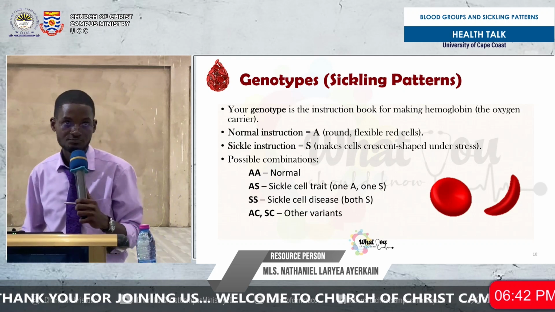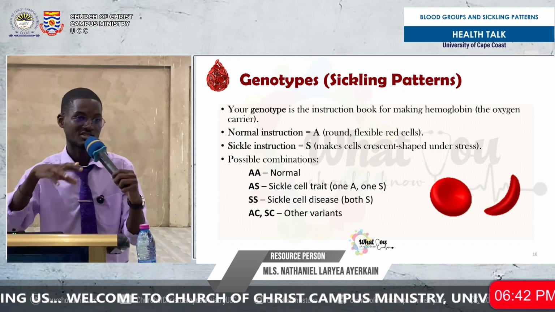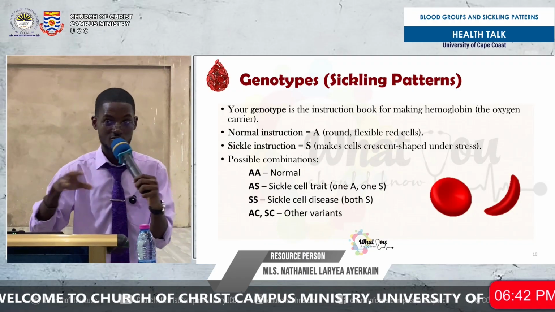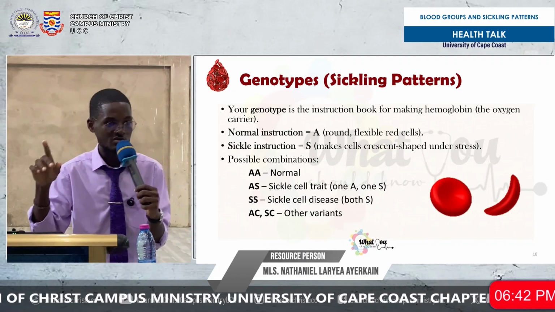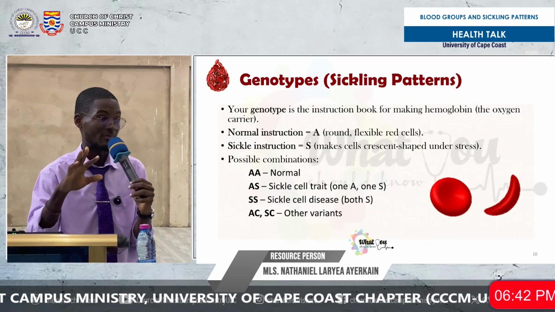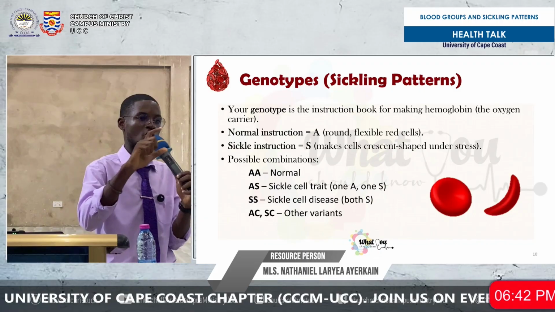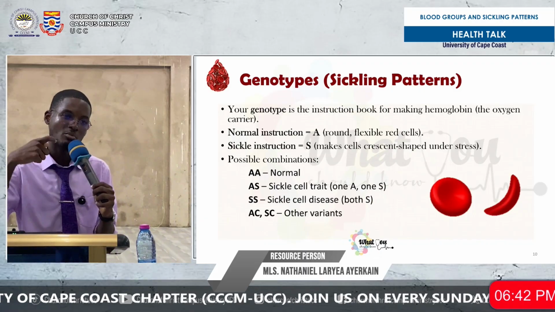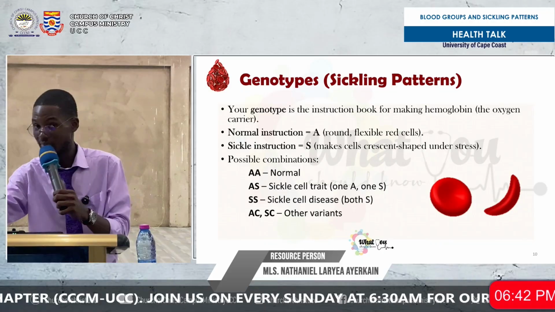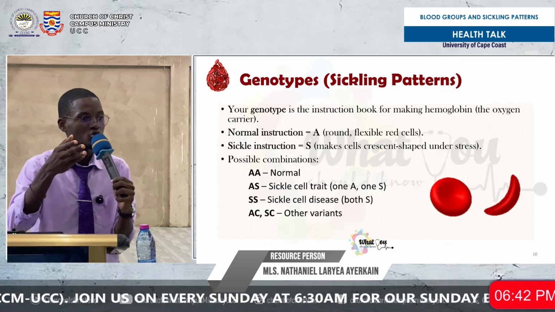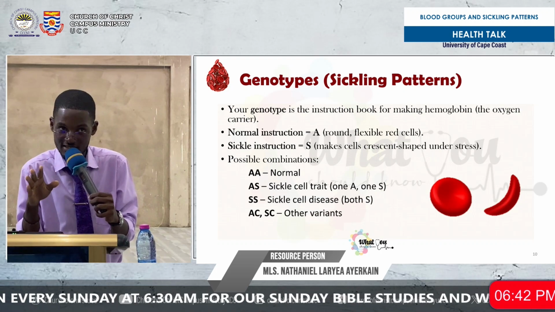You see, the blood in our body actually passes through certain pipelines. Some are arteries, veins, venules, arterioles, and capillaries. They all have different sizes. In order for the red blood cell to be able to pass through all these different sized pipelines, it should be able to bend and unbend freely.